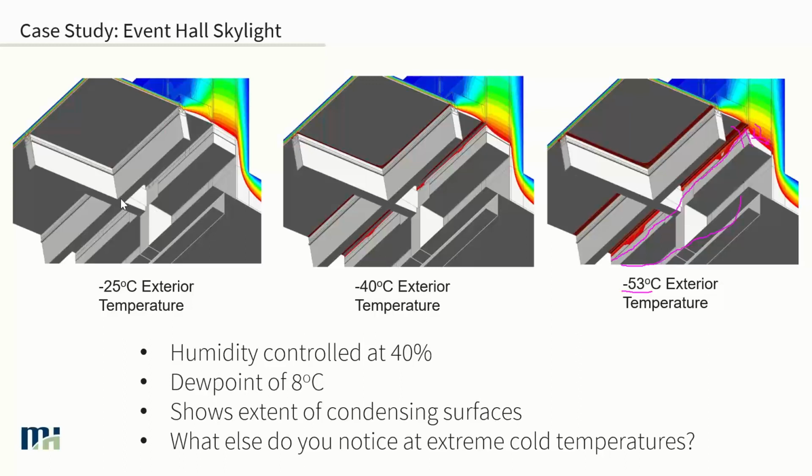So you could have issues not just with condensing on a glazing portion, but maybe even on the backside of whatever this framing system is back here. So this helps identify not just small sections within the window system, but also the bigger picture of what's going on around the window system as well.